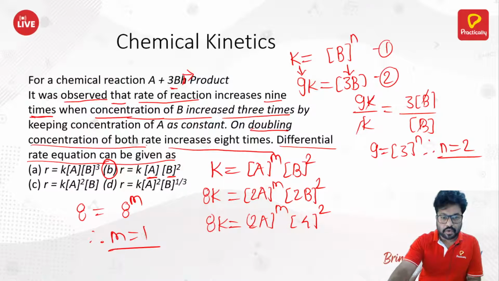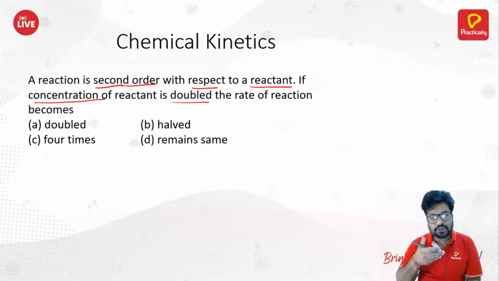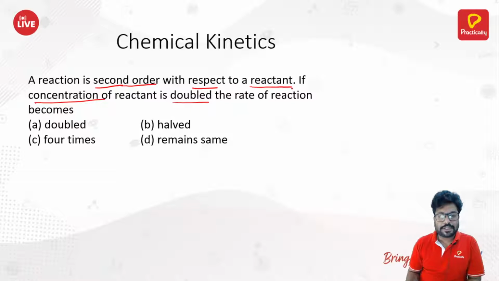Okay. Moving ahead. A reaction is second order with respect to reactant. If the concentration of reactant is doubled, now this is quite easy for us because we have solved numerous questions of such type. The rate of reaction should become 4 times.